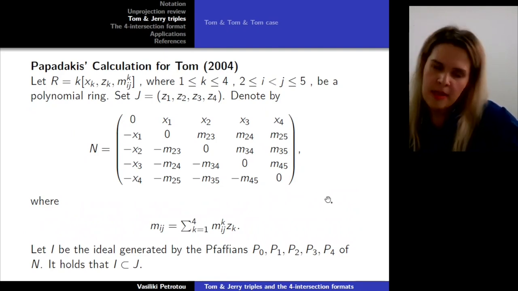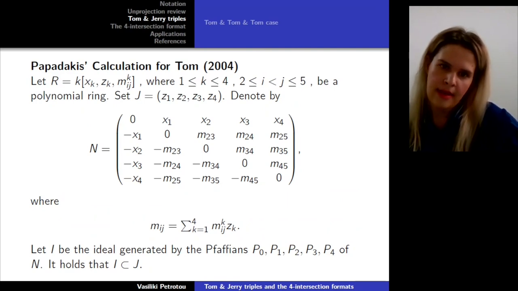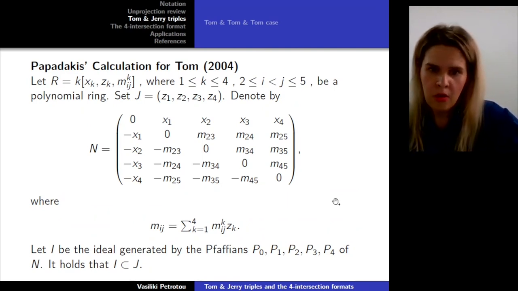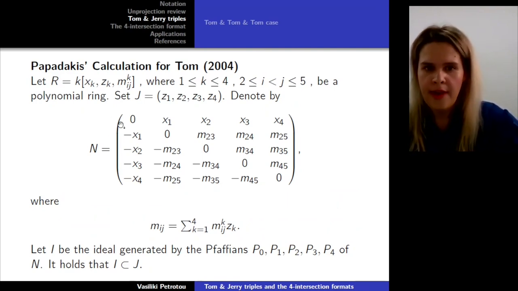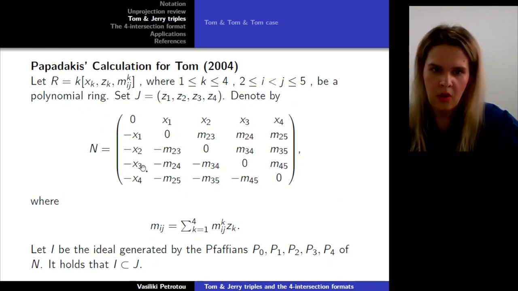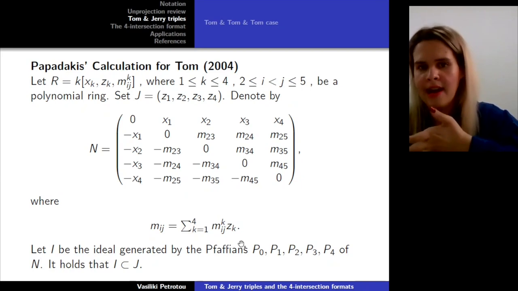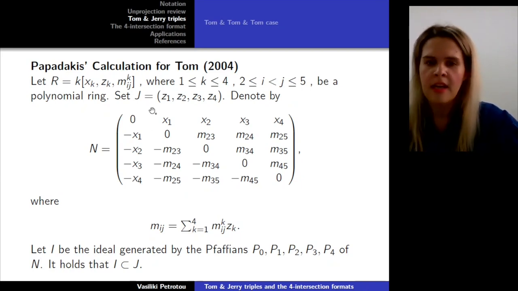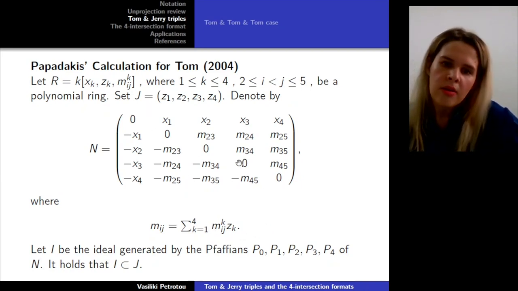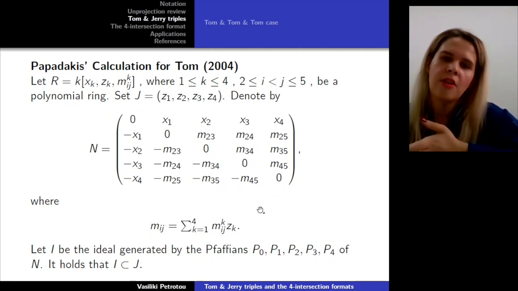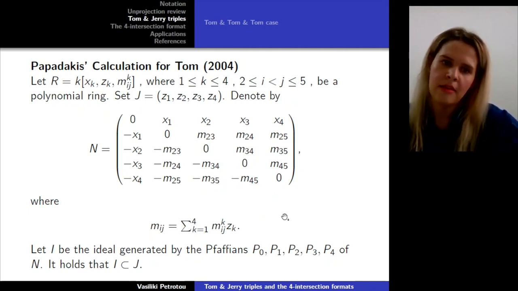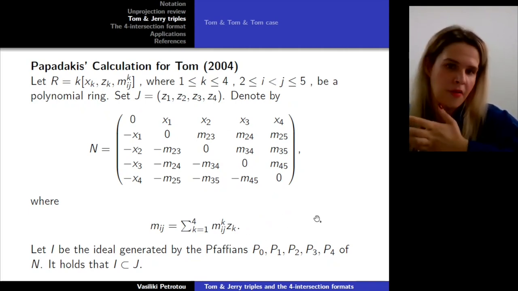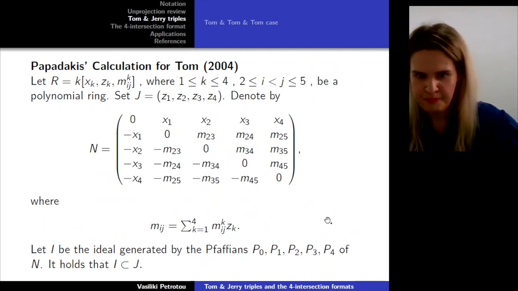We can see that this matrix is a Tom_1 matrix in the ideal J, because if we delete the first row and first column and check the remaining entries, which are general elements of this ideal, we see that the conditions for a Tom_1 matrix are satisfied. So N is an example of a Tom_1 matrix.